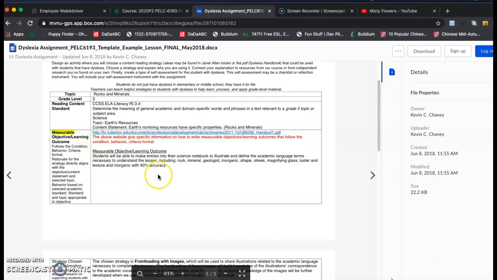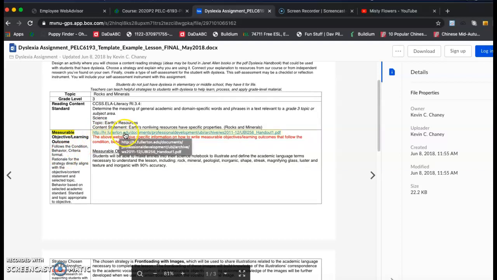Students will be able to make entries into their science notebook to illustrate and define the academic language terms necessary to understand the lesson, including rock, mineral, geologist, inorganic, shape, streak, magnifying glass, luster and texture, with 90% accuracy. This measurable objective and/or learning outcome follows the condition, behavior, criteria format.